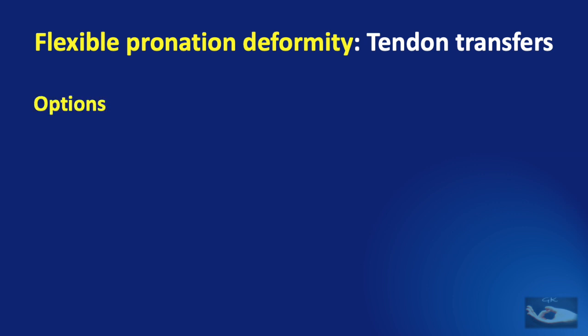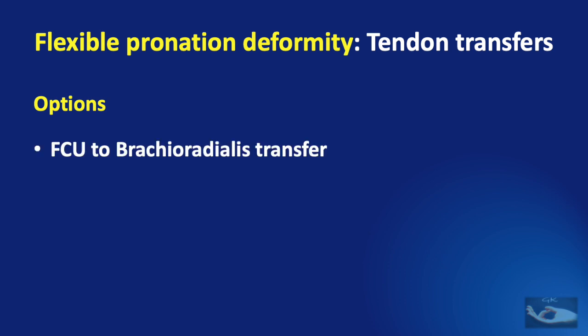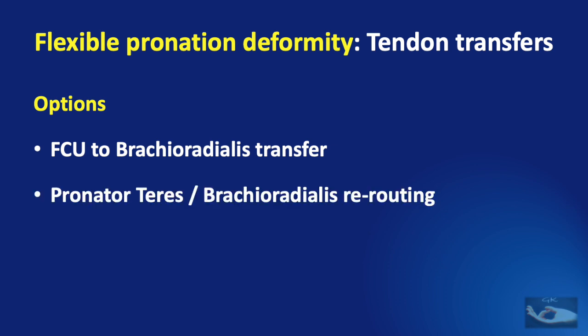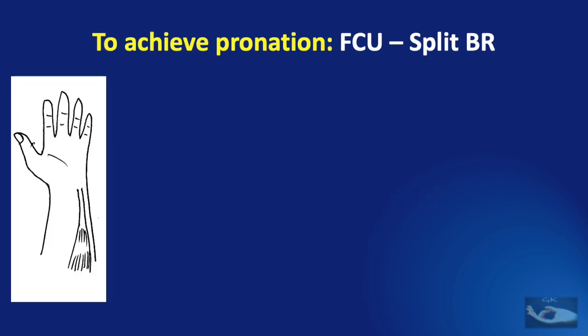The commonly done tendon transfers to get back active supination are the flexor carpi ulnaris to the brachioradialis transfer and the pronator teres or brachioradialis rerouting. First, the flexor carpi ulnaris tendon is identified and the muscle is mobilized till the proximal forearm.